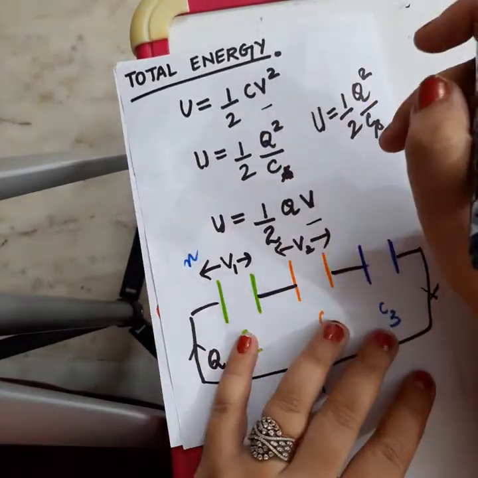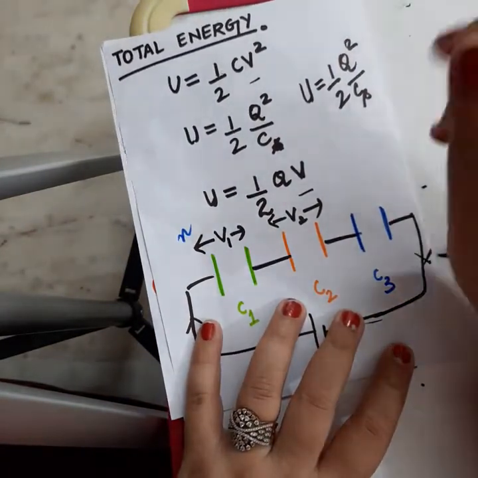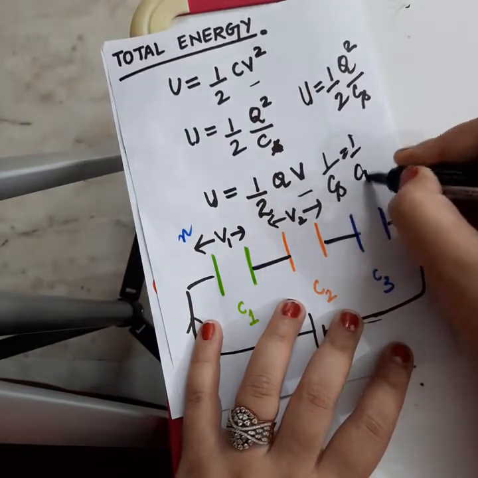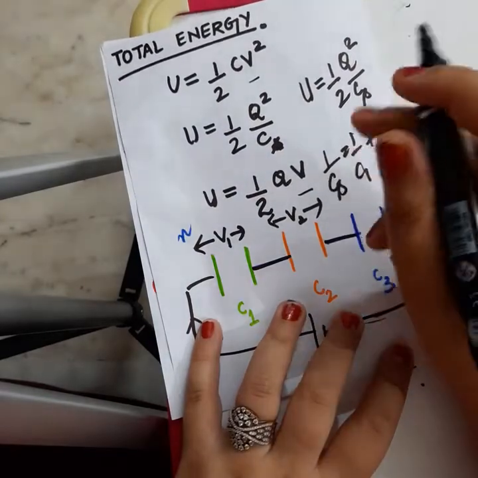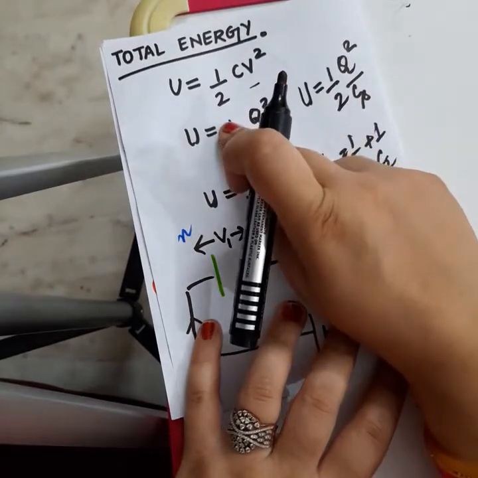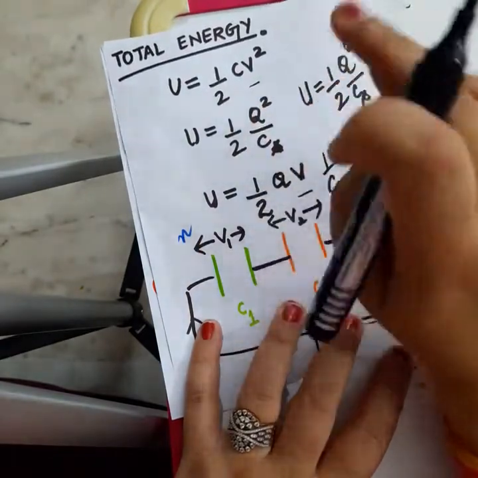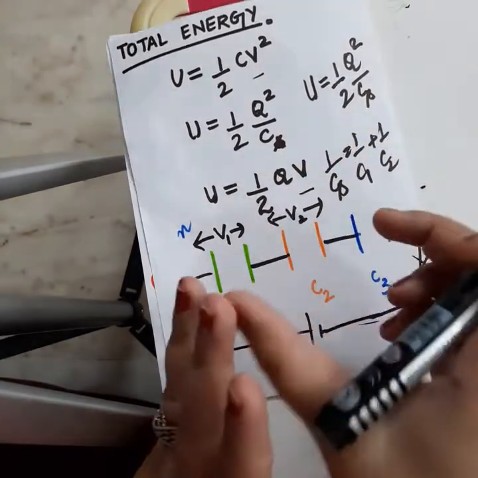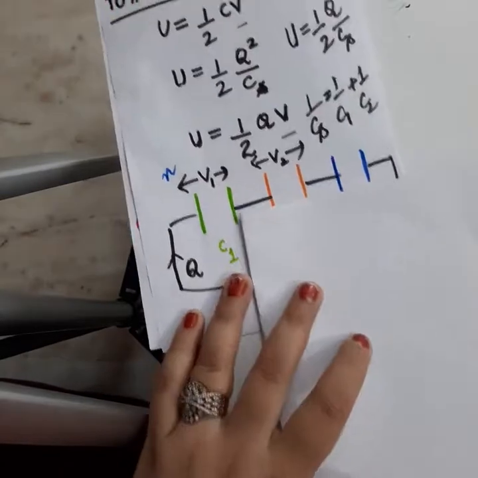And one other reason is, in series combination, the formula for capacitance is given by 1 by Cs equals 1 by C1 plus 1 by C2 plus so on. So I can see that 1 by C is involved in this expression only. That's why, due to these two reasons, I am using this expression, because of course this would be the total amount of energy stored in this whole combination.